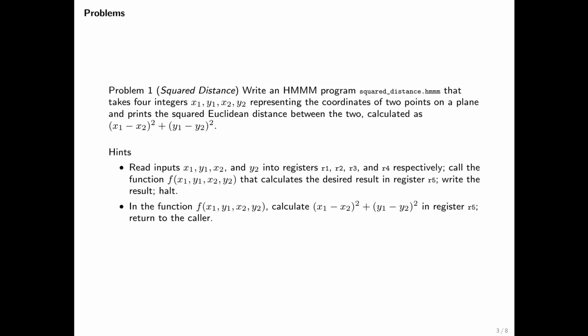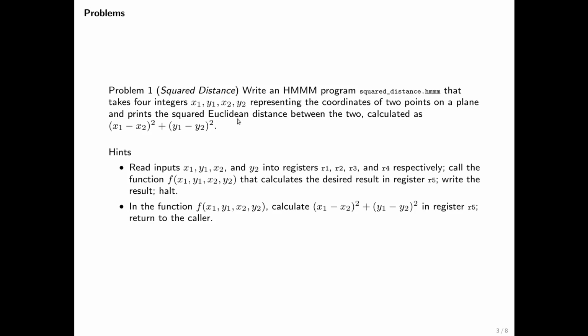And what the program is supposed to do is calculate the squared Euclidean distance between the two, which is simply given by the Pythagoras formula, and print that out.